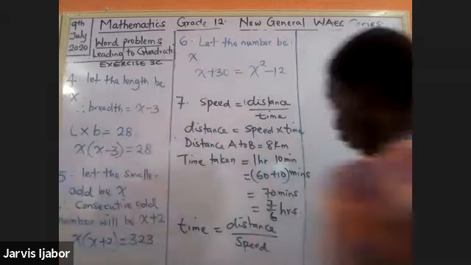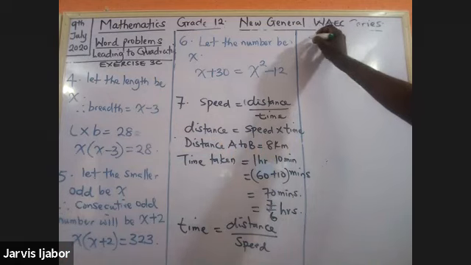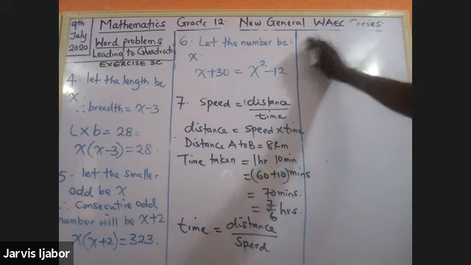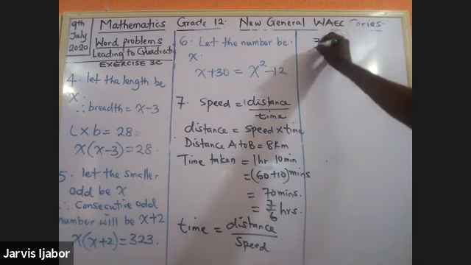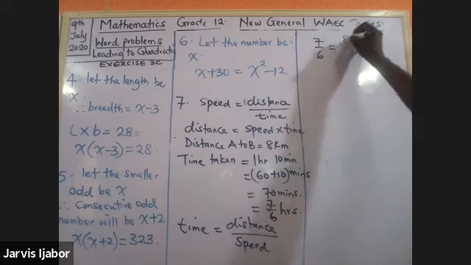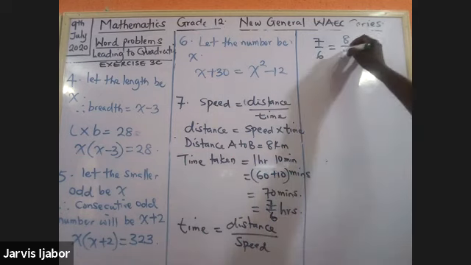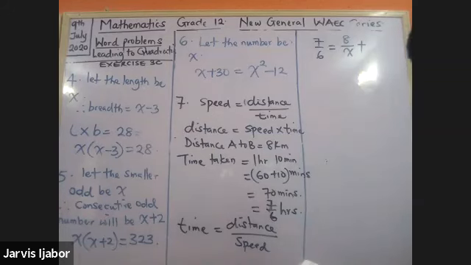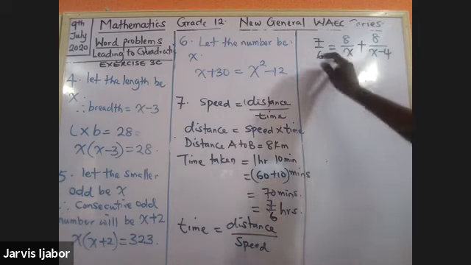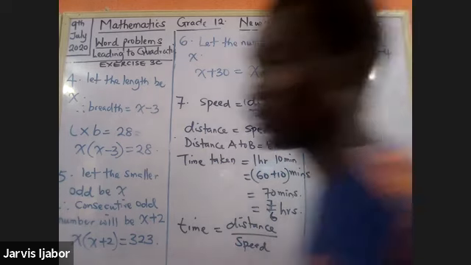So the total time taken now will be 7 over 6, equal to the time from A to B, which is 8 over x, plus the time from B to A. The distance is still 8, but the speed now will be x minus 4. So this is what you're going to use to finish up the equation.